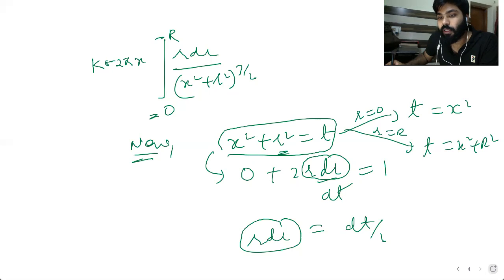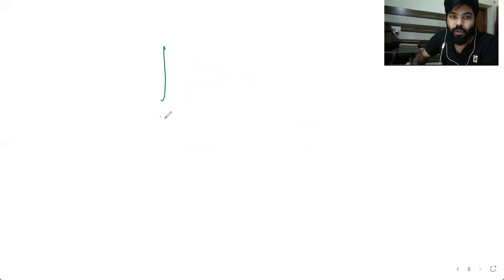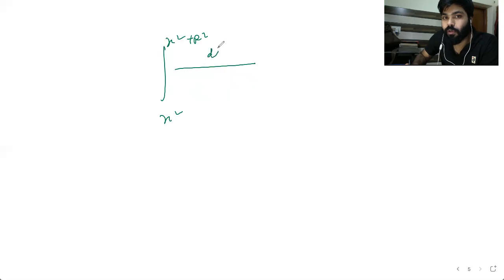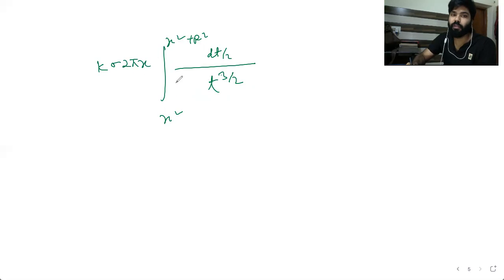So the whole integration is now converted into X square to X square plus R square, and R dr is converted into dt over 2, and in the denominator we are left with t raised to the power 3 by 2, and we had k sigma 2 pi x outside the integration.